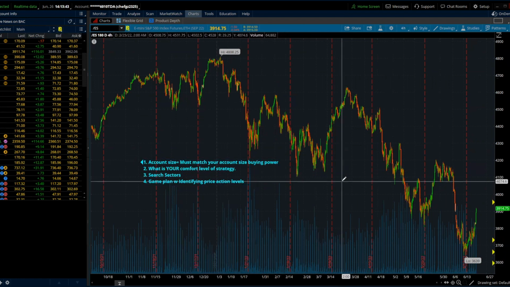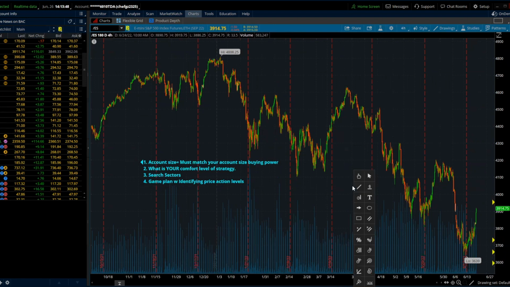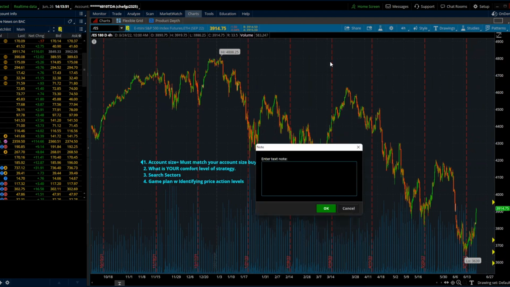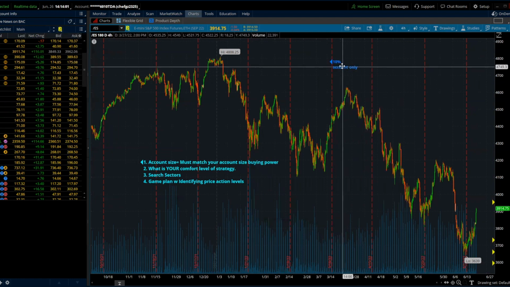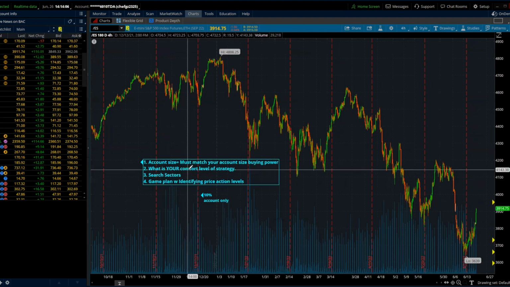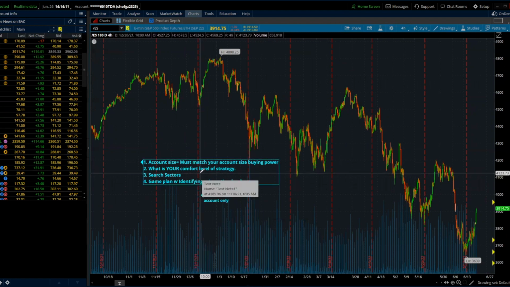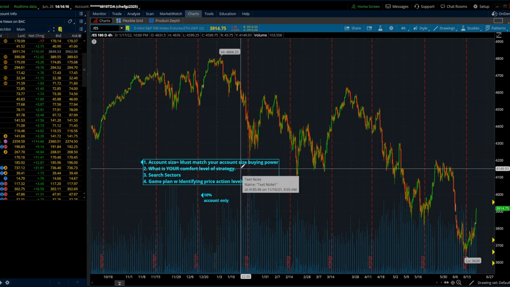So that's account size. Okay, I'm not telling you guys, and I will never tell you guys to put a percentage limit on yourself, because if I say only use 10% of your account only, but yet you are 100% comfortable knowing that that bull flag is going to go in your direction, or knowing that that support is going to hold, or knowing that that pre-market level is going to break, or knowing that that squeeze is going to pop in the next like 10 minutes or whatever it is.